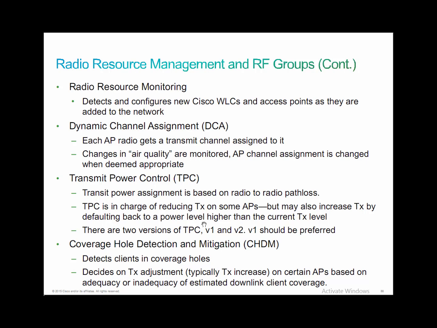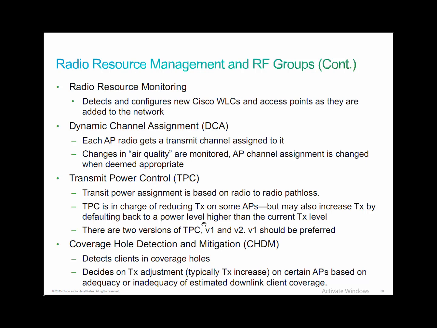Basically, it's just, hey, I detected that there's a hole in our wireless coverage. So what am I going to do? I'm going to change maybe how the APs around that coverage hole handle that space. Maybe I'll increase their power so that we increase the size of the BSA for that particular access point.